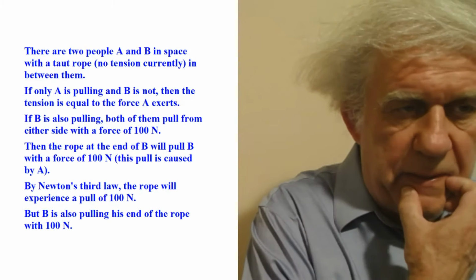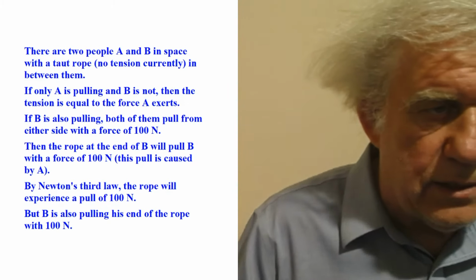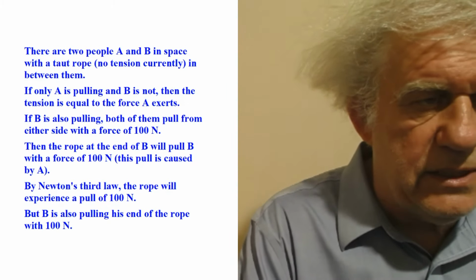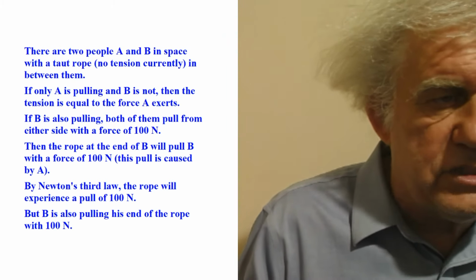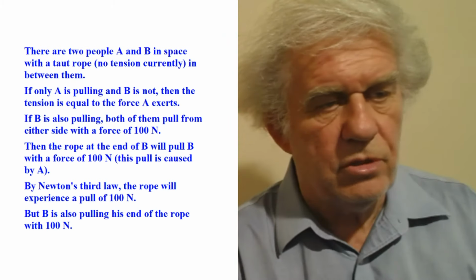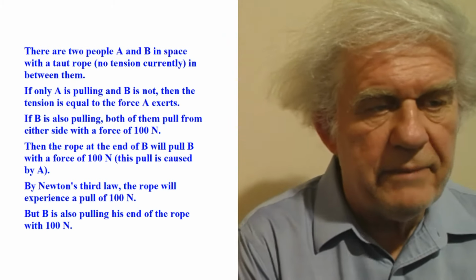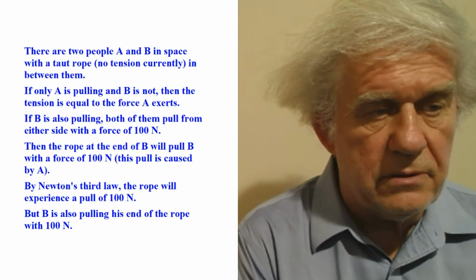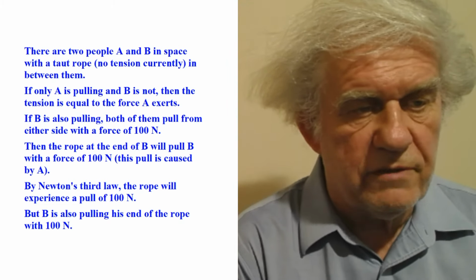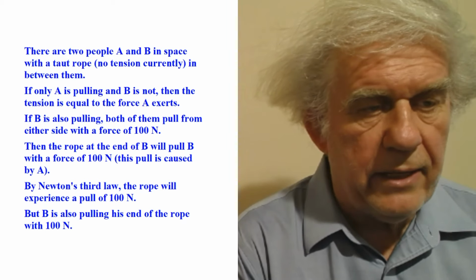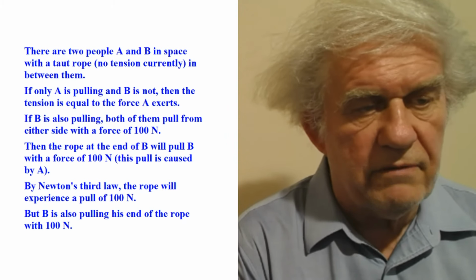And here's an example. It says, there are two people, A and B, in space with a taut rope, no tension currently in between them. If only A is pulling and B is not, then the tension is equal to the force A exerts. If B is also pulling, both of them pull from either side with a force of 100 newtons. Then the rope at the end of B will pull B with a force of 100 newtons, and by Newton's third law, the rope will experience a pull of 100 newtons.